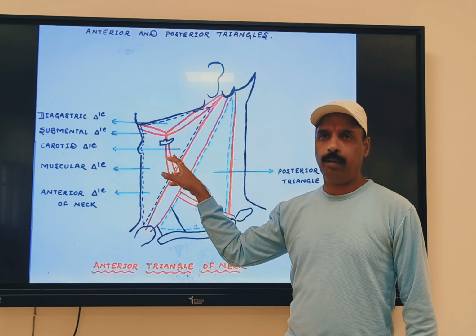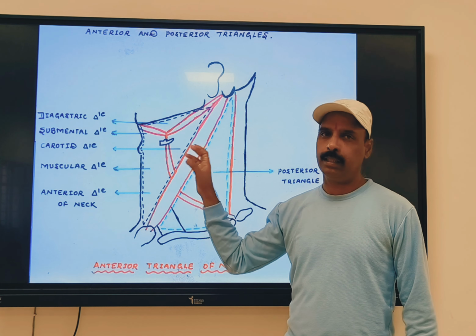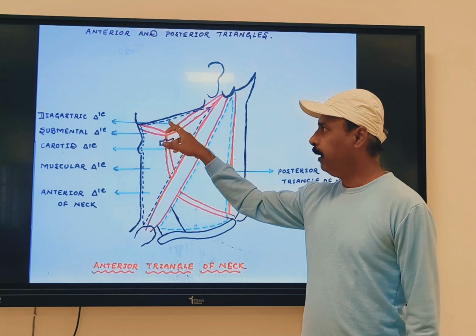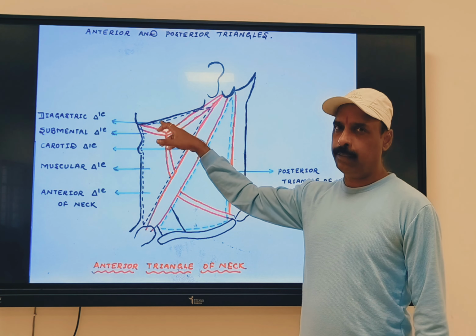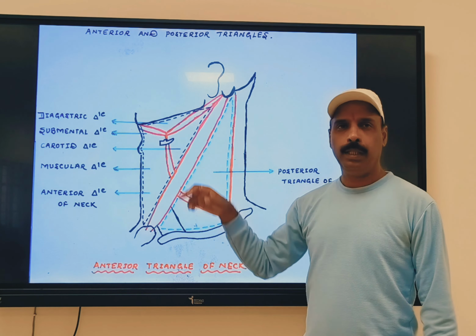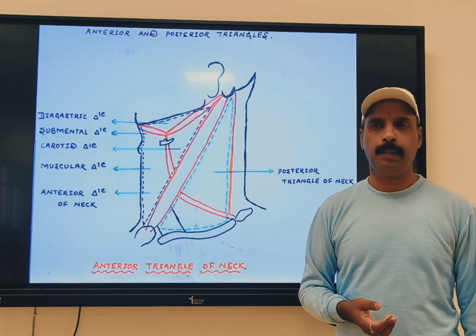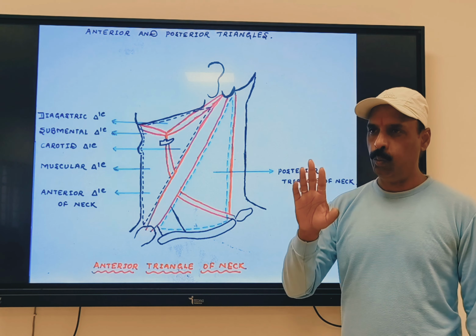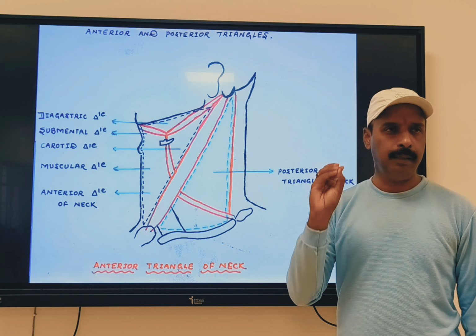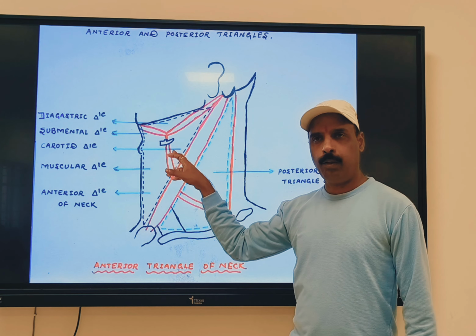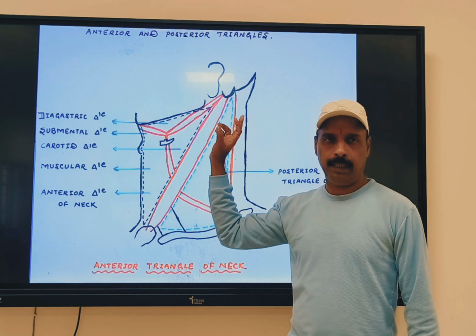We get the thyroid gland, a very important gland clasping the upper part of the trachea. Below the base of the mandible, we have one more gland, the submandibular salivary gland. So two glands are present in the neck region: the thyroid and the submandibular salivary gland.